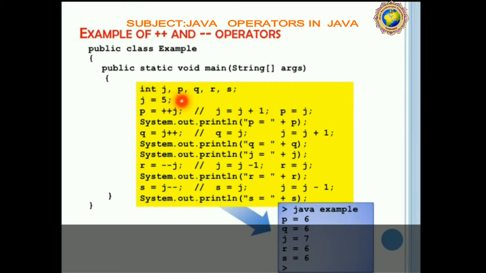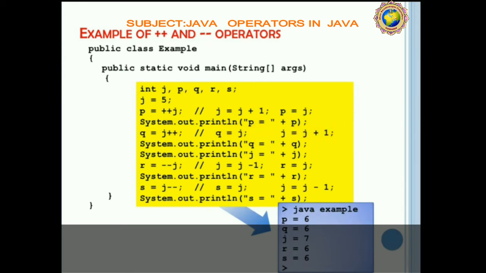Then j = 5, so now the value of j becomes 6, and that will be printed. Next, q = j++. Whenever you use the postfix j++, q = j and then the value is incremented. So mind well, with ++j you increment first, then print. With j++ you print the value first, then increment.